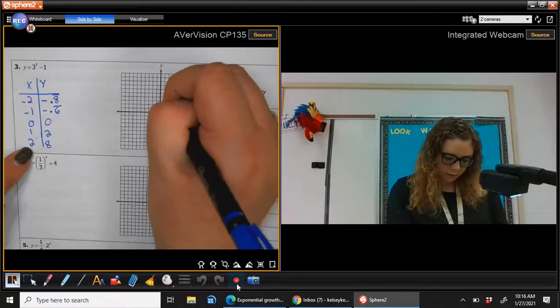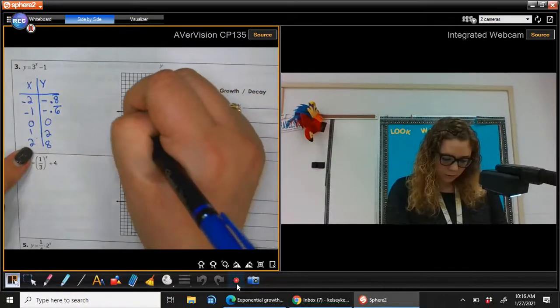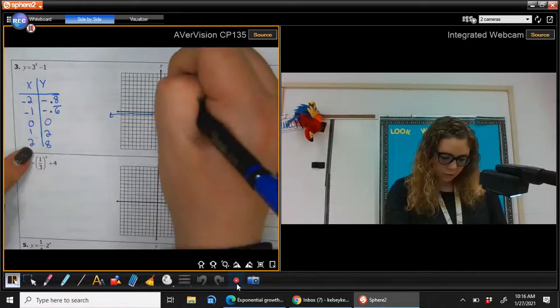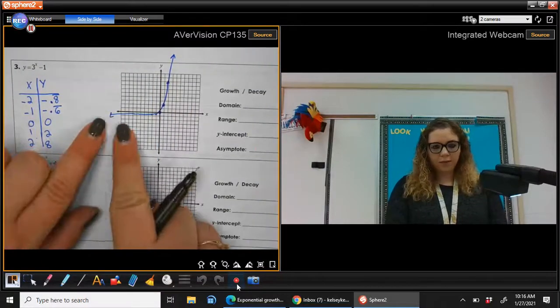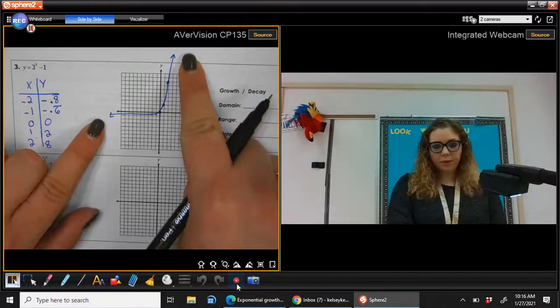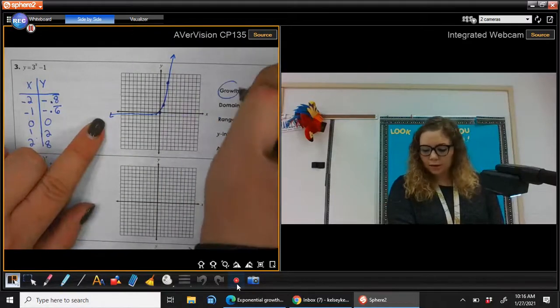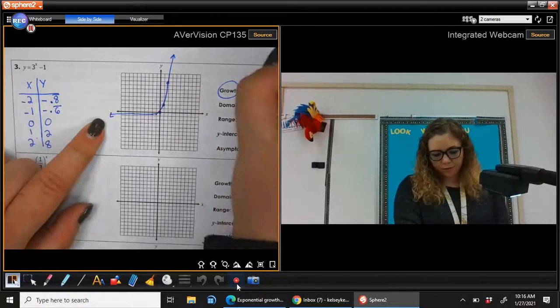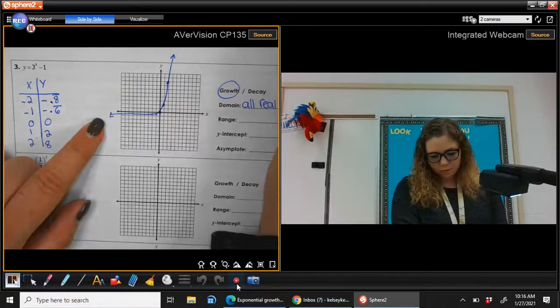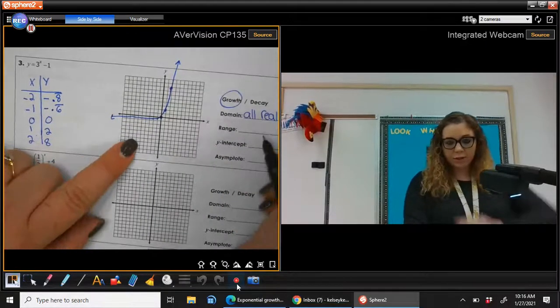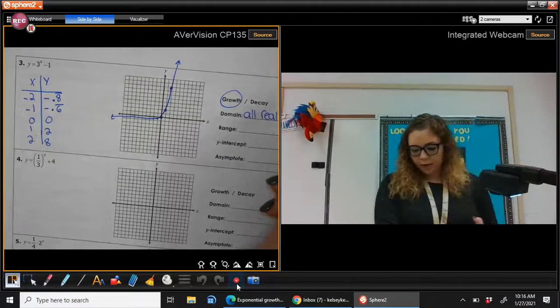Okay, and then I'm going to draw. So again, I start from the left and I'm chasing up. So this is going to be a growth. My domain is all real numbers. My range, okay, it keeps going up, but how far down does it go?